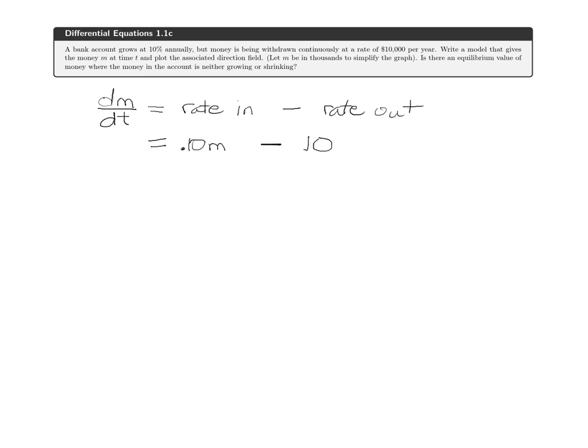What we'll find is that at 100,000, so when m equals 100 in this problem, then we would lose 10,000, but then we would also, in interest, be gaining 10,000 per year, and those would just kind of cancel each other out. So there is an equilibrium value here. It's $100,000.